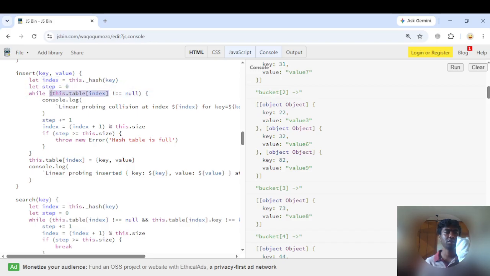If it's not empty, then we start increasing the step size and also the index plus 1 and the total size of the table. So as long as the step size doesn't overflow out of the table size, we keep increasing it, else we say that the hash table is full, right? So that's an error that we throw out. So yeah, that's about insertion.